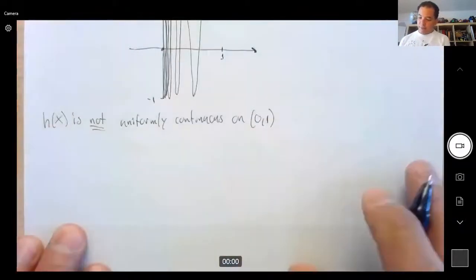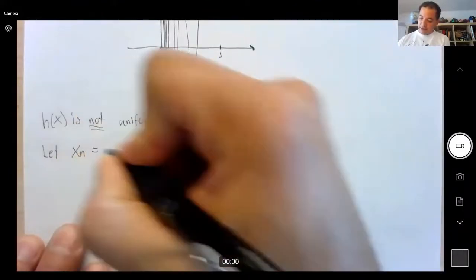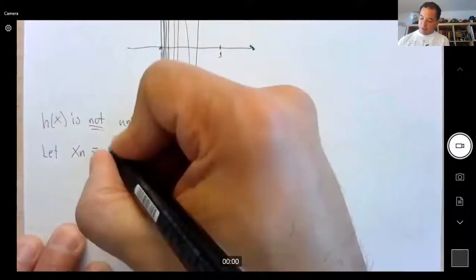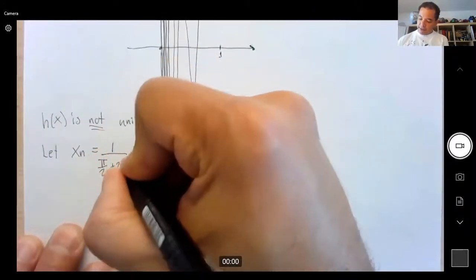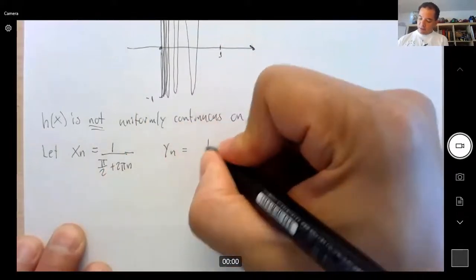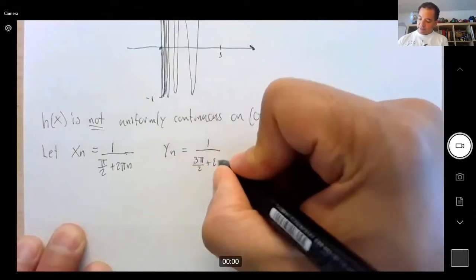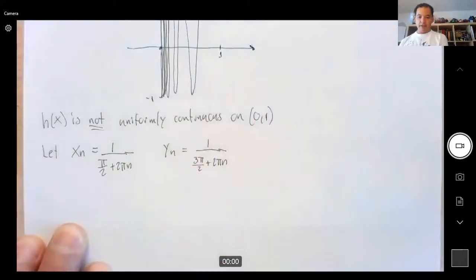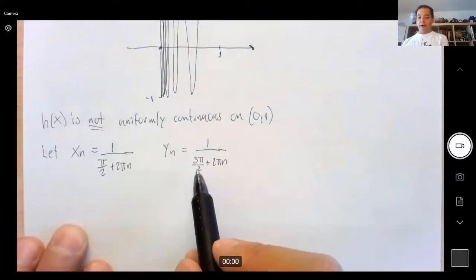So here's one way to show it's not uniformly continuous. Let's come up with some sequences. Let xn be 1 over (pi over 2 plus 2 pi n), and let yn be 1 over (3 pi over 2 plus 2 pi n). Why this? Because I know sine of pi over 2 is 1, and sine of 3 pi over 2 is -1, right?